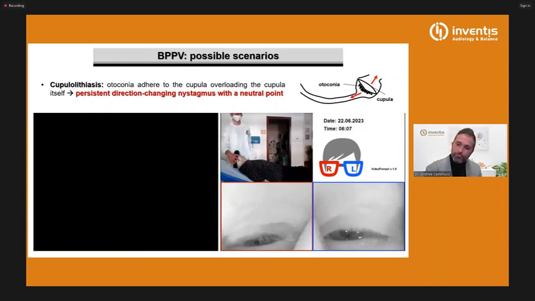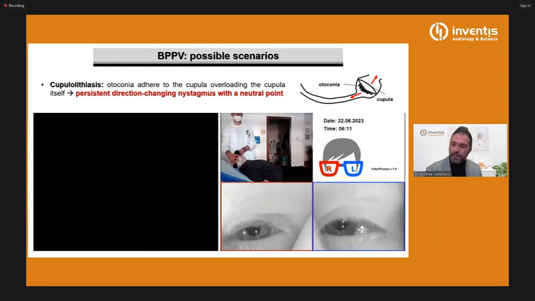Now we bring the patient in the contralateral position, and after a while, the nystagmus starts to reverse. And this is due to the fact that the cupula is overloaded, and now the cupula is bent toward the ampulla, so it's excitatory for the right horizontal canal.